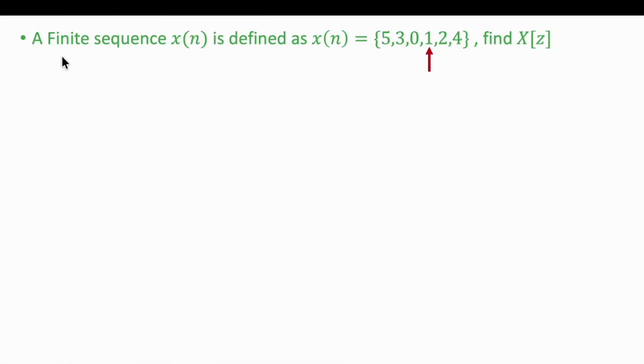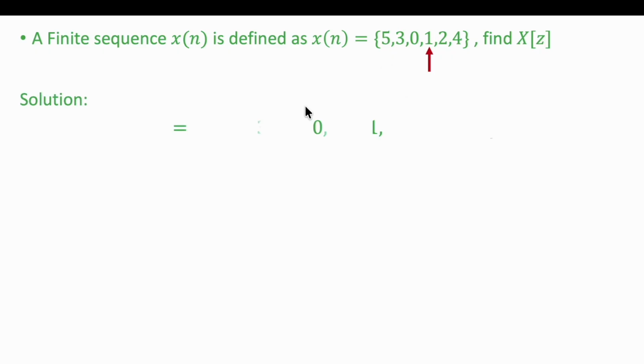The second question is that a finite sequence x of n is defined as x of n is equal to 5, 3, 0, 1, 2, 4, and you need to calculate the value of x of z. From this sample you can see that an arrow is given. The arrow is given at value 1, so it means that this will be your first sample where n is equal to 0.